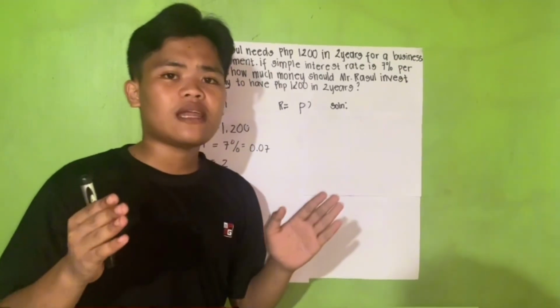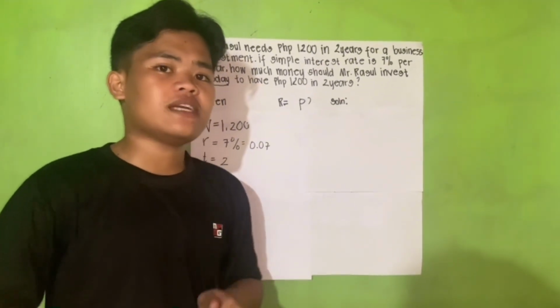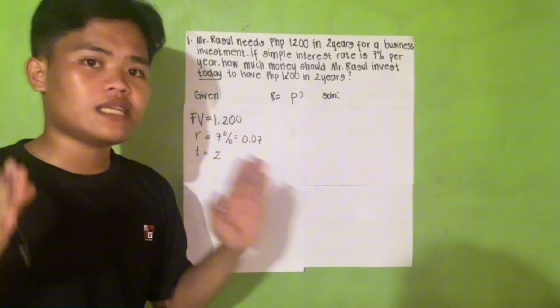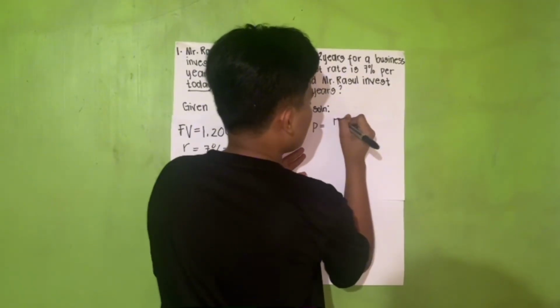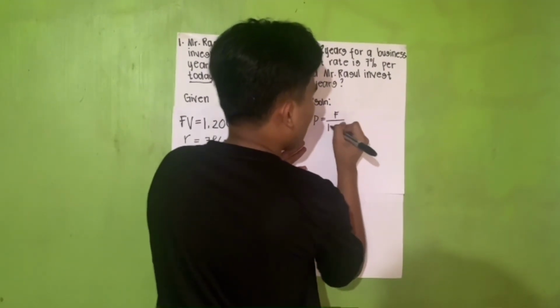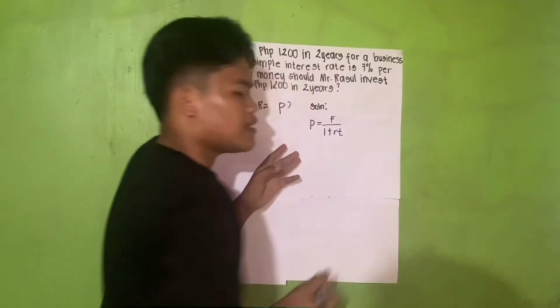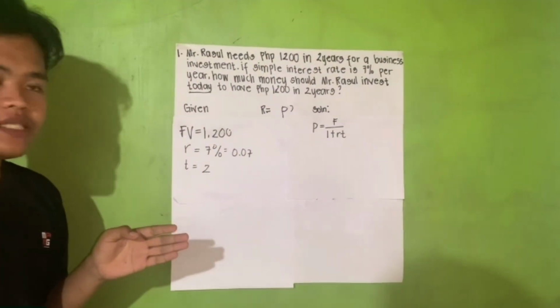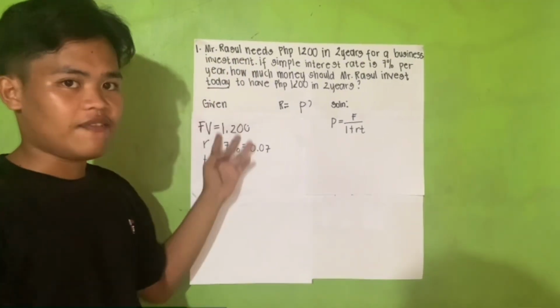So to solve this, let's use the present value formula in simple interest, which is present value equals future value over 1 plus rate times time. Okay, so now let's substitute the given.